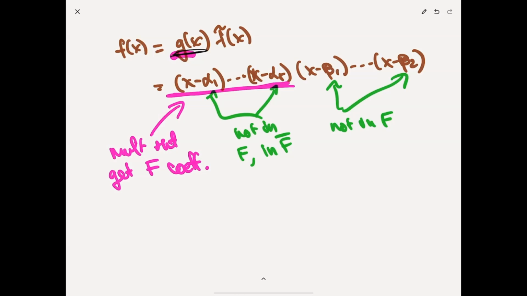The second fact that we need. So now I'm just going to state a fact without proof. Is that okay?